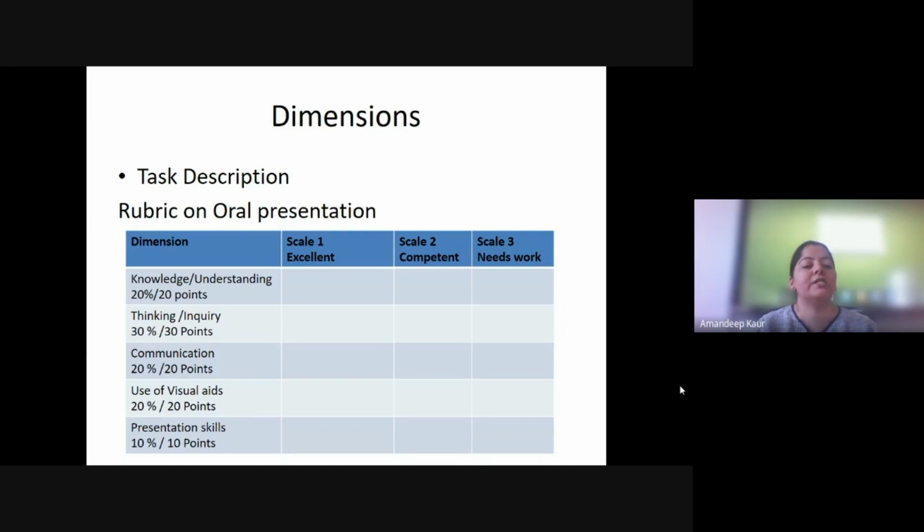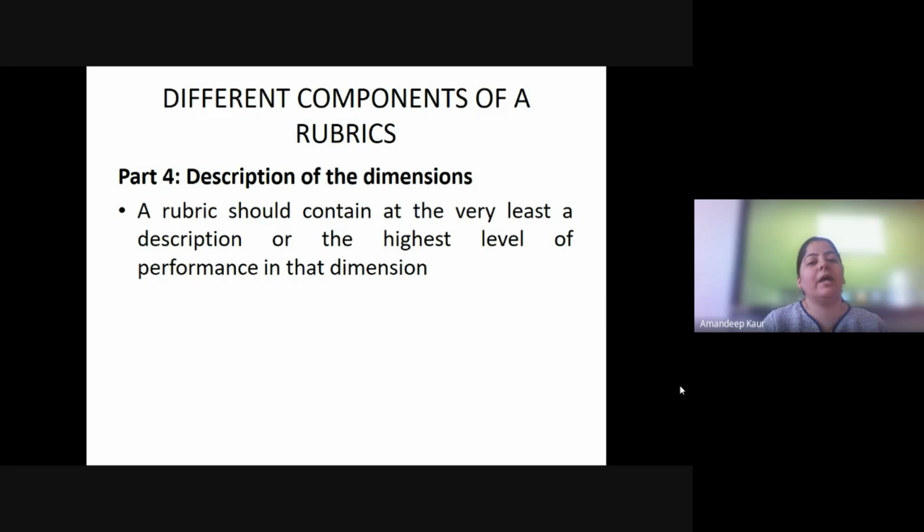Say knowledge understanding 20 points, thinking inquiry 30 points, communication only 20, use of visual aid 20 points, and presentation skill shown by the candidate 10 points. Again, it is at departmental level that we decide, as per the nature of the activity, how much weightage to give.